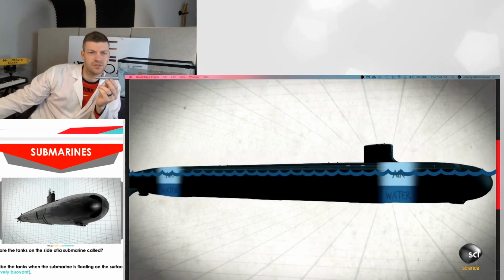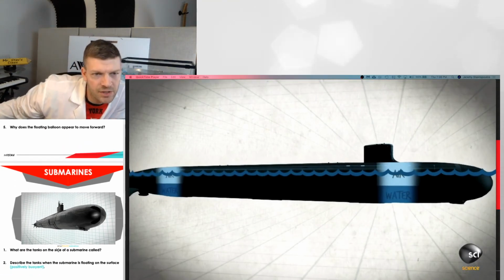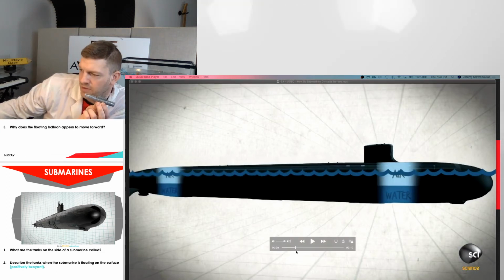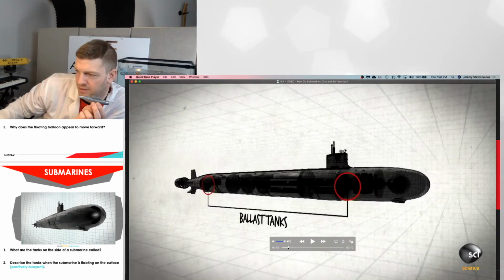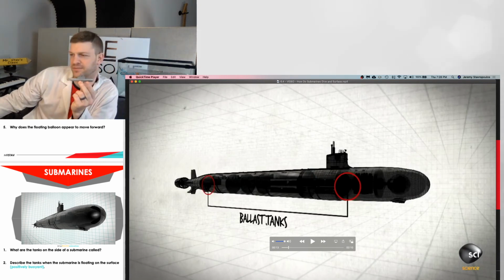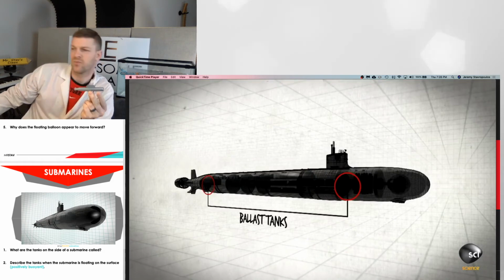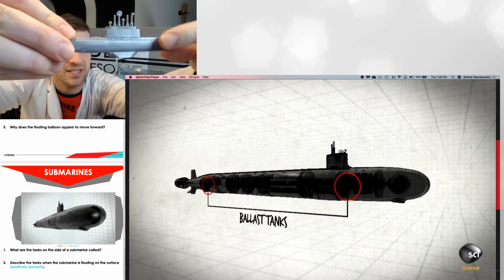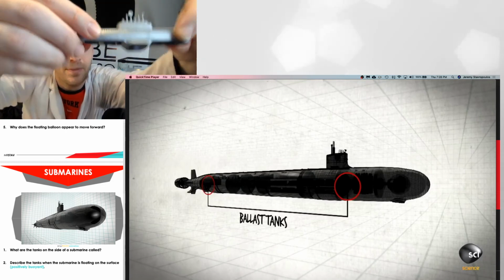Already, you should be able to answer question 1. What are the tanks on the ship side of a submarine called? Oh, MrStav, I missed it. It is ballast tanks. Okay? So what they're showing you on their submarine, there's a ballast tank here and a ballast tank here. Depends on the submarine.